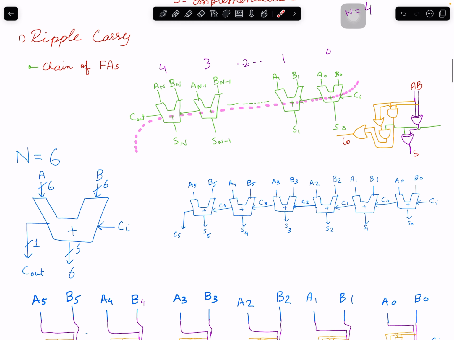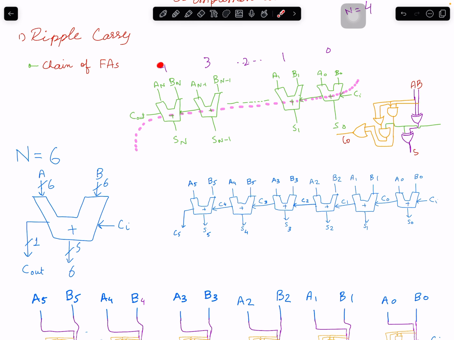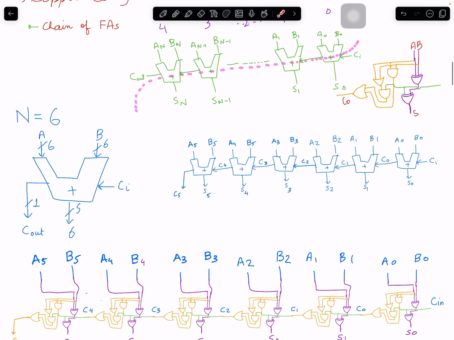Then the question is, in our example of 5 bits, how are the 5 full adders connected together? Now we are going from a generalized block diagram to a particular example, which is important. I feel that in a lot of books very generic block diagrams are given, but we need an example to see how this works.